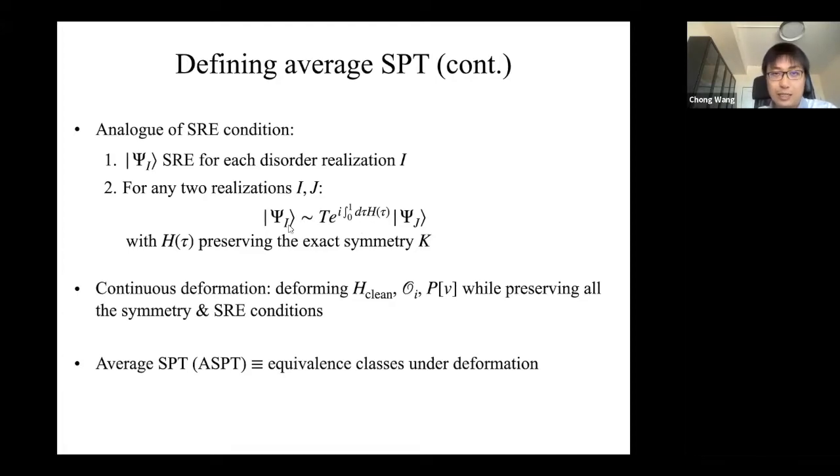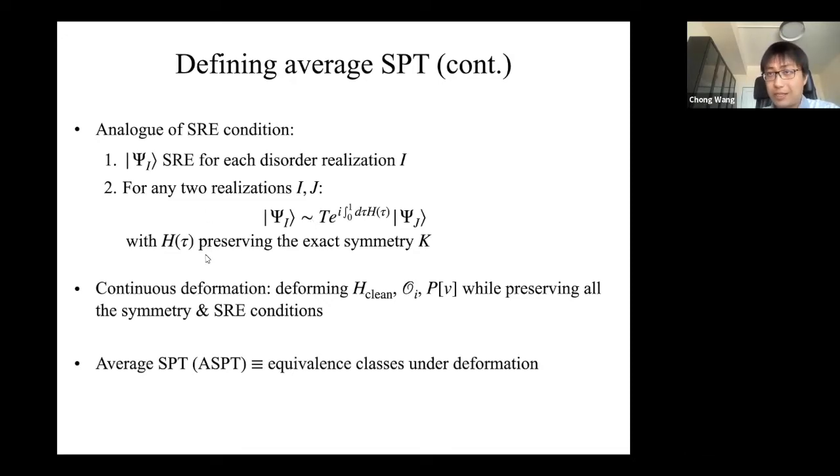That will violate this condition, let's say if you have U1 symmetry preserved. But if you start from a clean insulator and add quenched disorder to break some symmetry, to make some symmetry average, then as long as you don't hit a phase transition, this condition will be preserved.